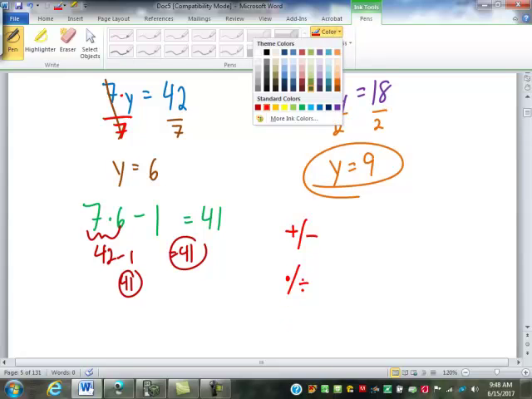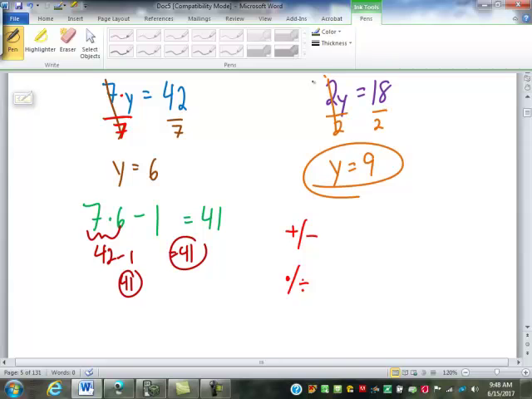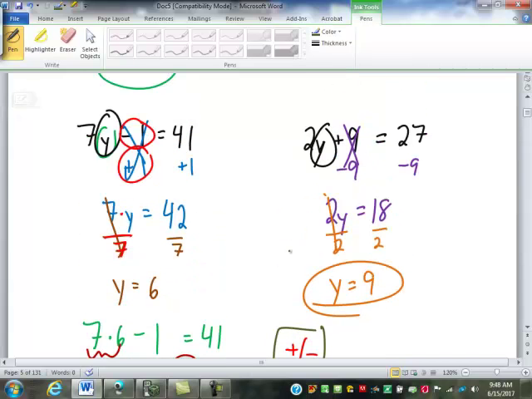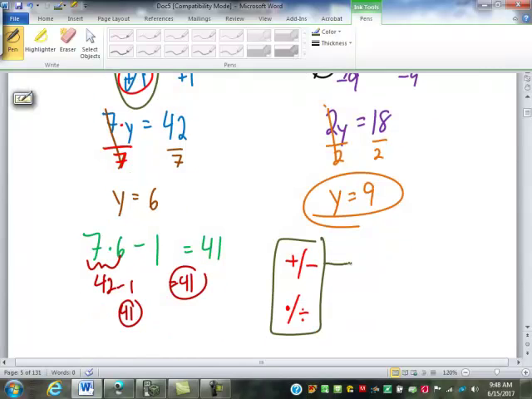There's a difference between what they do, however. If I use an addition and subtraction inverse, so I had minus 1, and I got rid of it by doing plus 1, what was my result that I got? 0. So if I do adding and subtracting, I get 0.